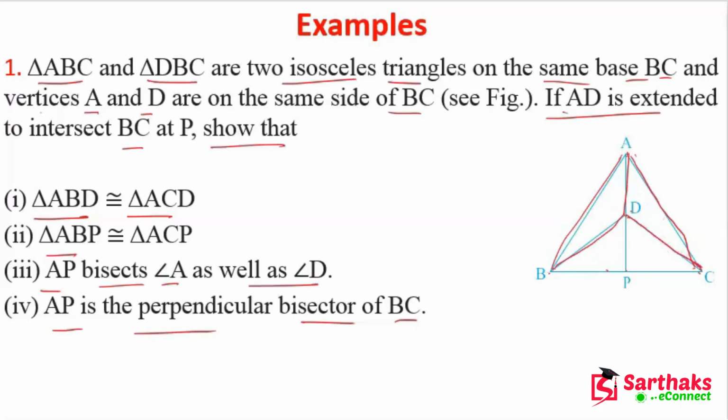Now in this triangle, AD is common. And AB is equal to AC because ABC is an isosceles triangle. And BD is equal to DC because BDC is also an isosceles triangle, so these two sides are also equal.